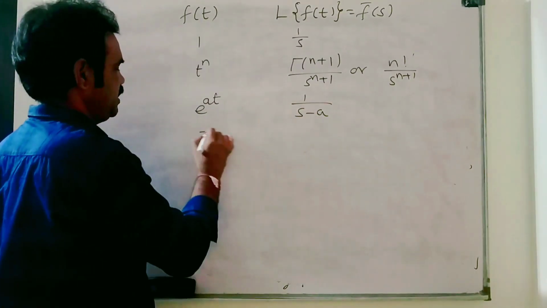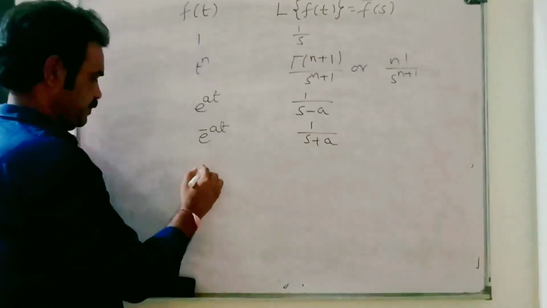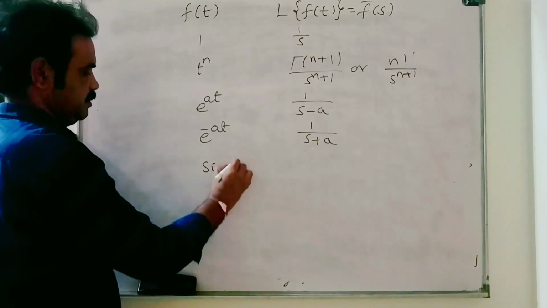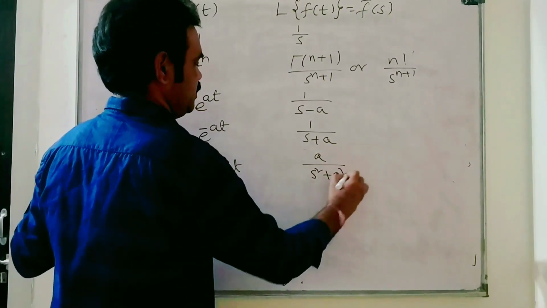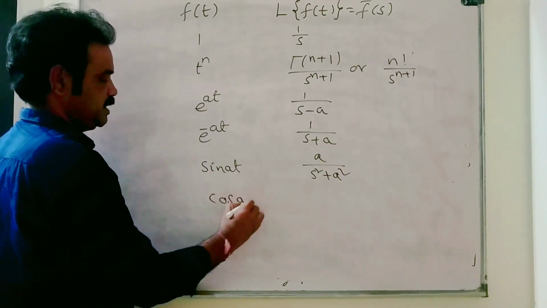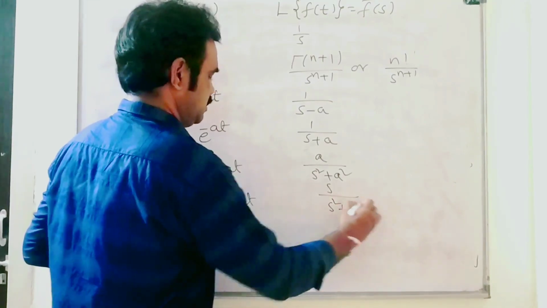L of e power minus at is 1 by s plus a. Sin at Laplace transform is a by s square plus a square. Cos at Laplace transform is s by s square plus a square.